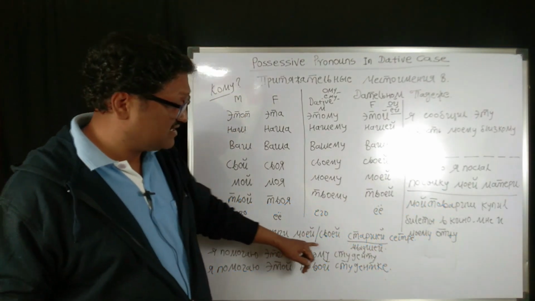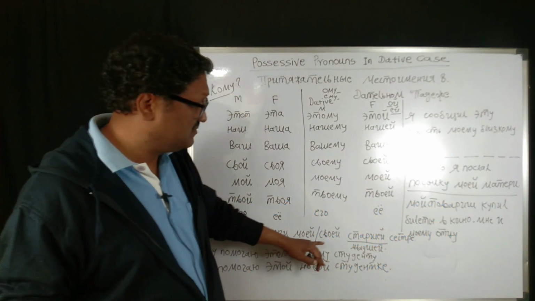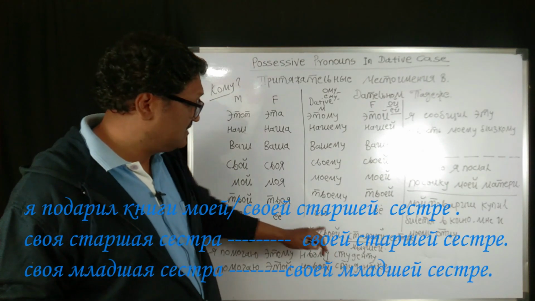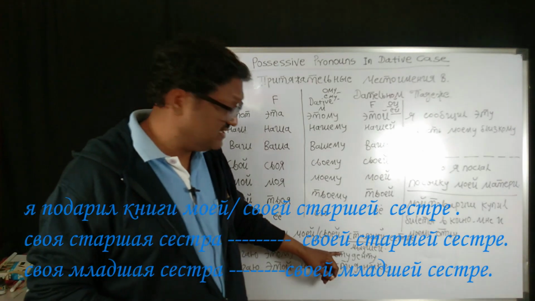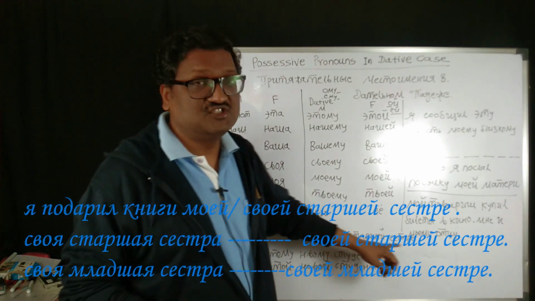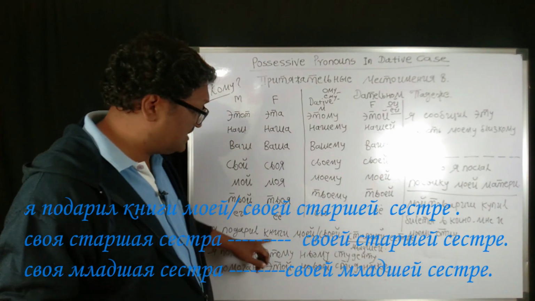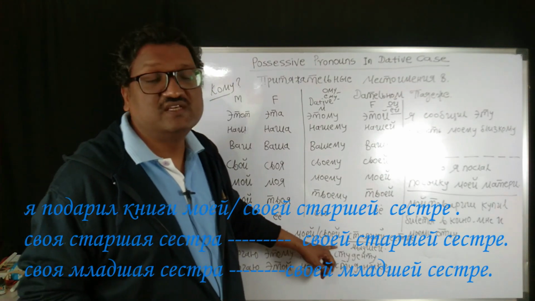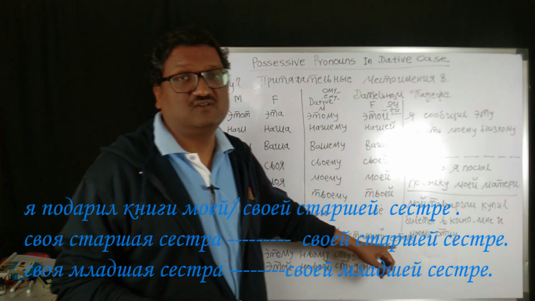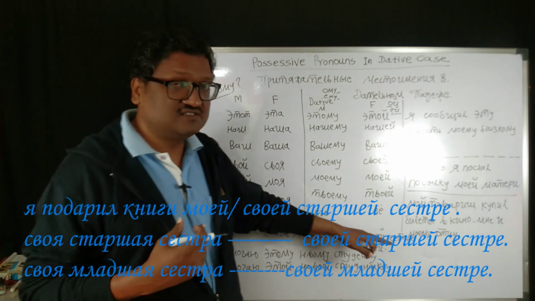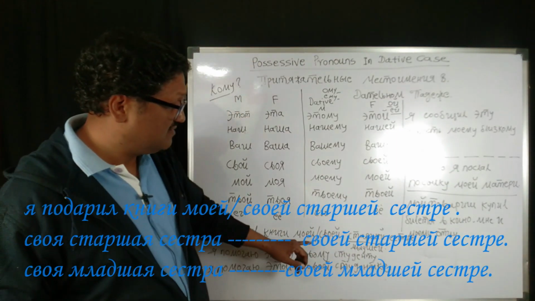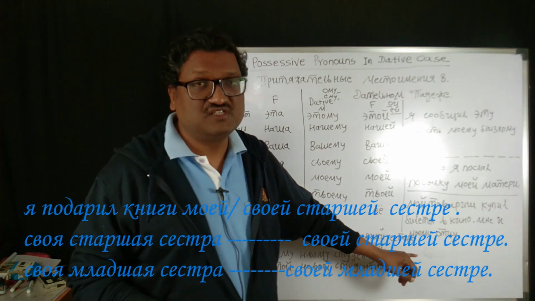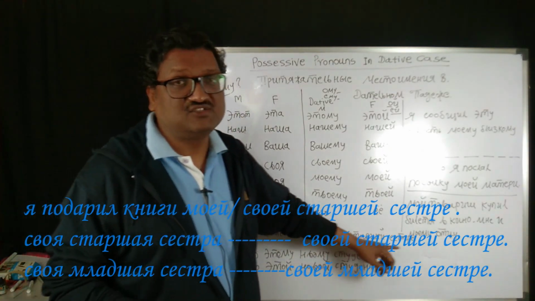Or моя can be replaced with своя here also. So how will своя become? See, я подарил книги своей старшей сестре. Я подарил книги своей младшей сестре. Okay, my own elder sister and my own younger sister. Я подарил книги моей старшей сестре or своей старшей сестре.